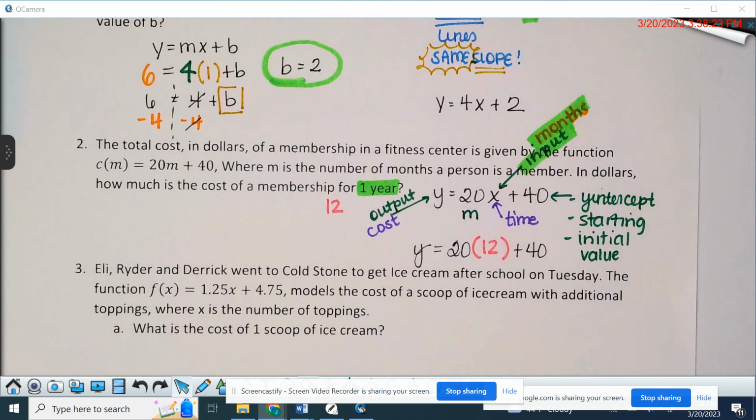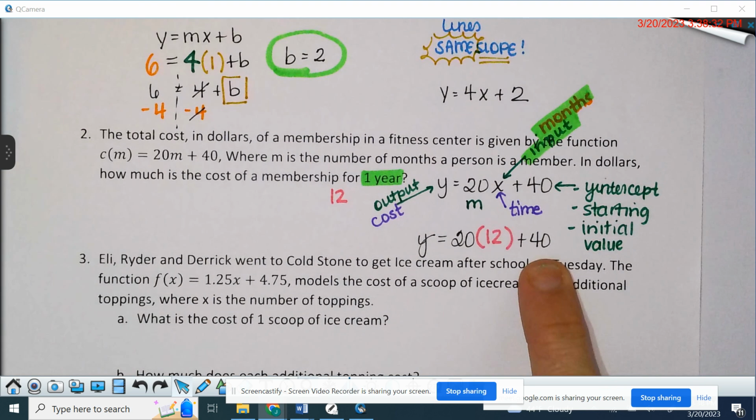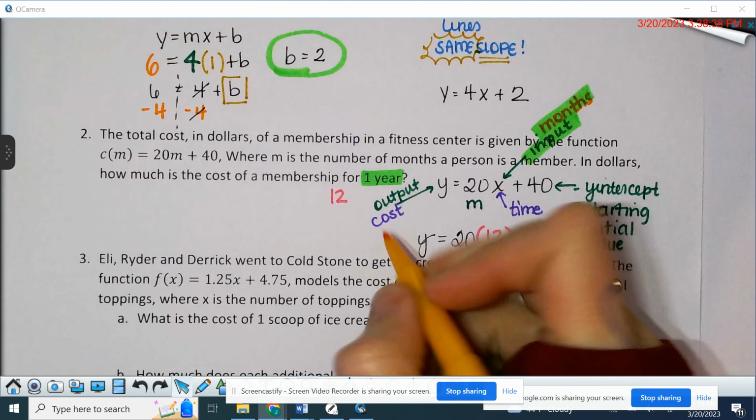Awesome. Oh, so close, actually. So close. Don't forget to put plus 40. Yeah, 280. Perfect. All right.